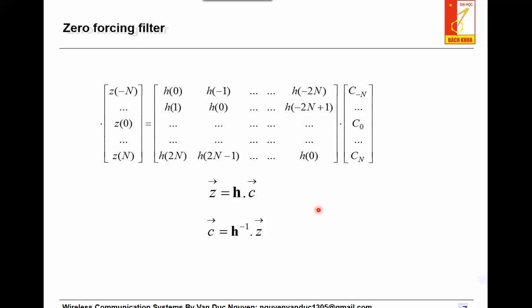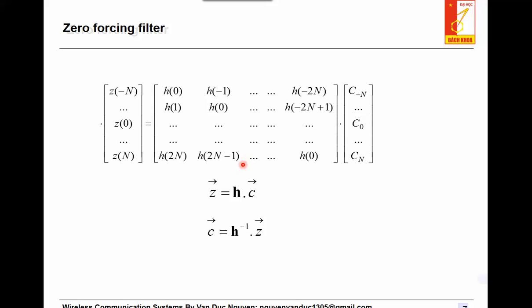Then we have this equation. In this case, you have the output of the filter, here we have a channel matrix, and here we have the filter coefficients.